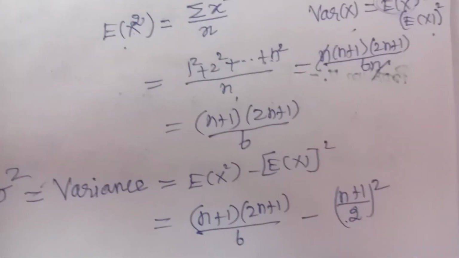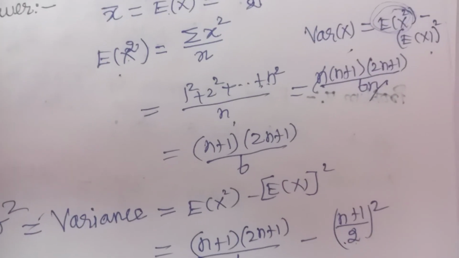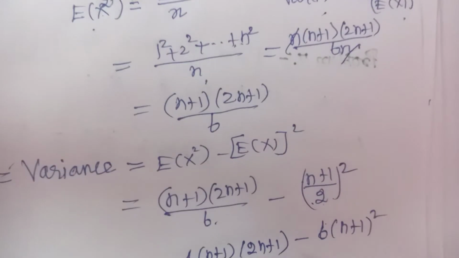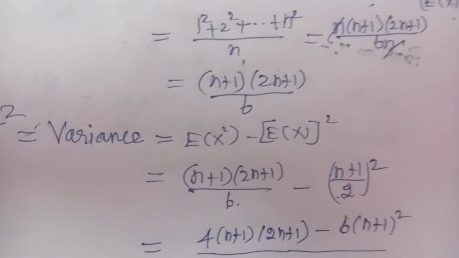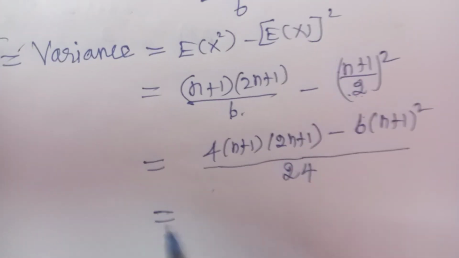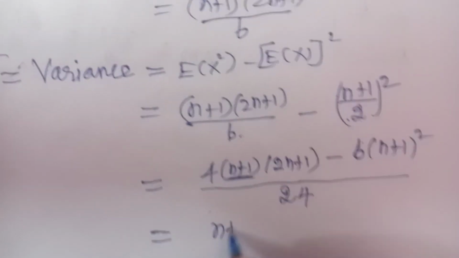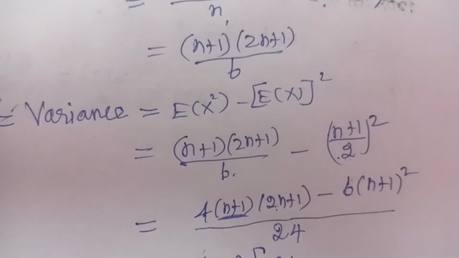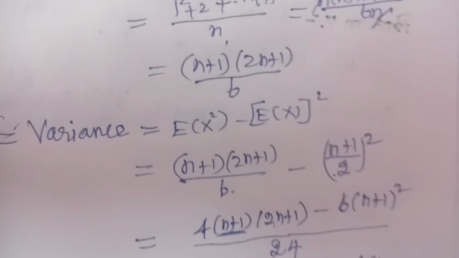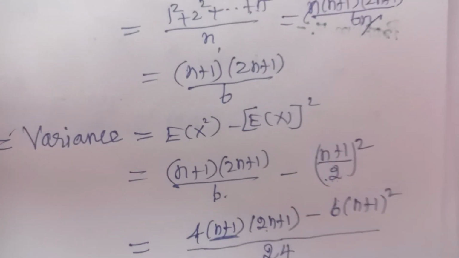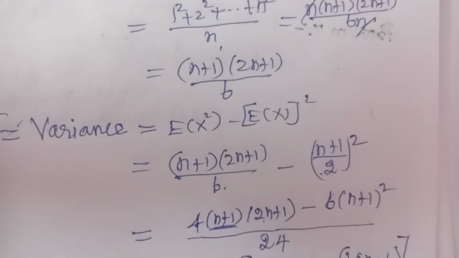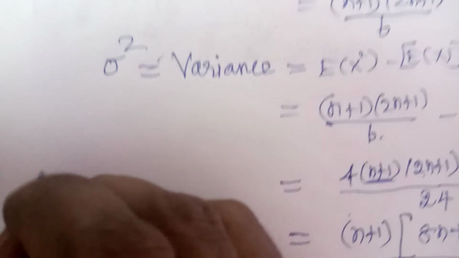Now we can take the LCM: 2 square is 4, so 4 into (n plus 1)(2n plus 1) minus 6 into (n plus 1) whole square, divided by 6 into 4, which is 24. Taking (n plus 1) as common, the remaining term is 4 into (2n plus 1), which is 8n plus 4, minus 6 into (n plus 1), which is 6n plus 6, divided by 24.